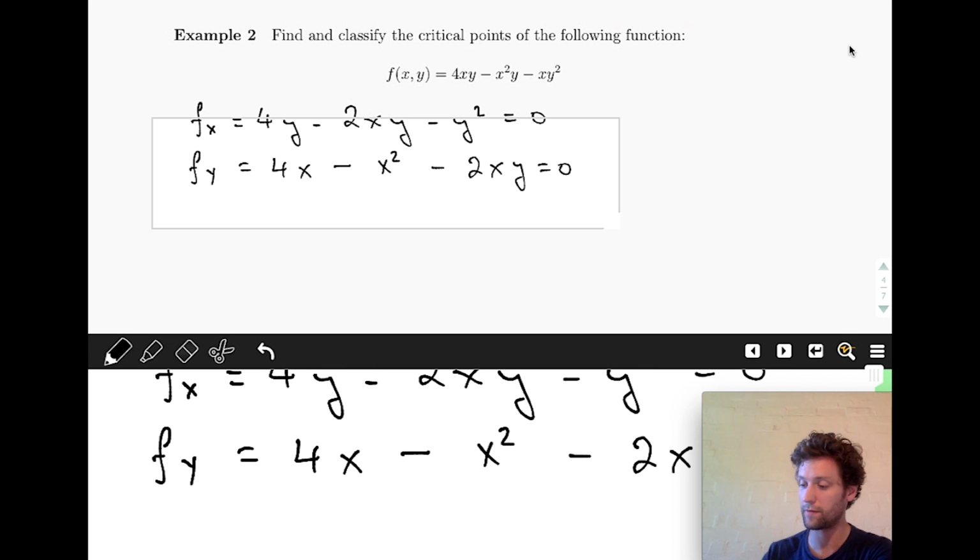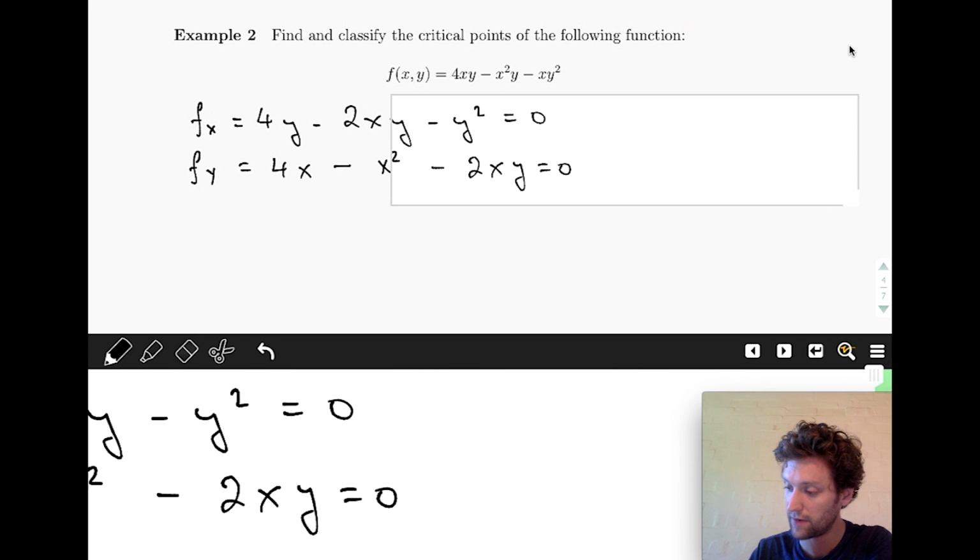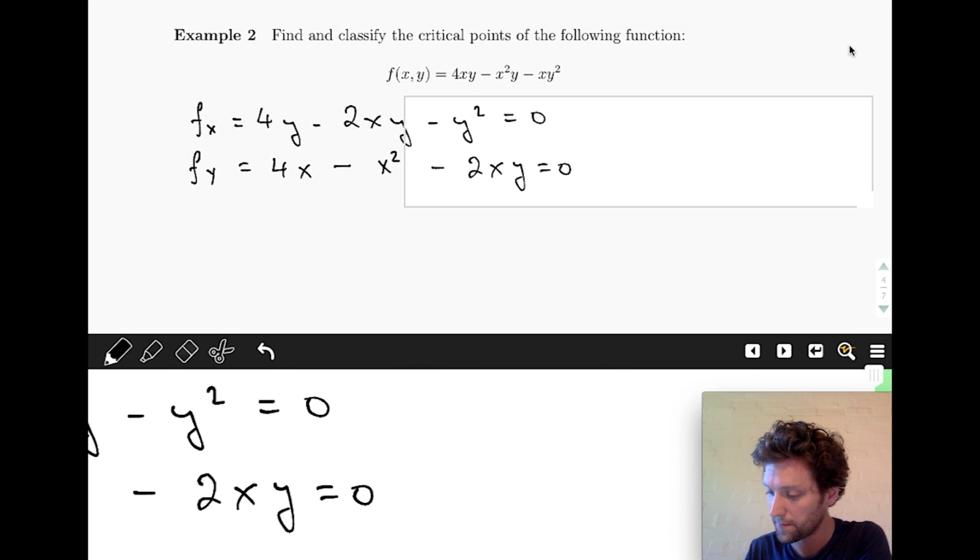So now I have two equations for two unknowns. Let's simplify these a little bit to make life easier. Let's take out a common factor of y in the first case.